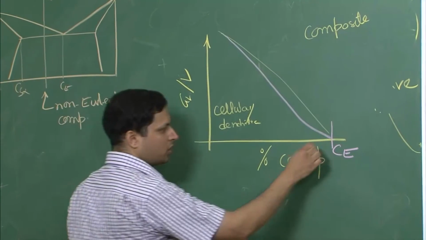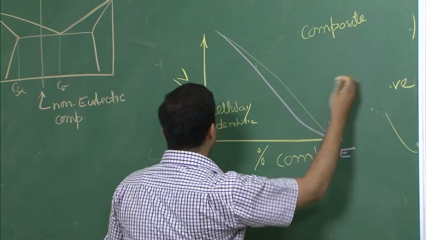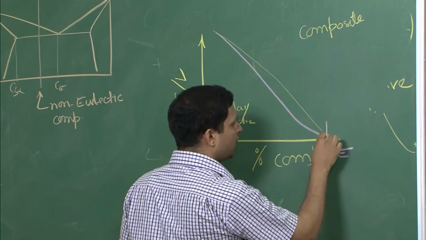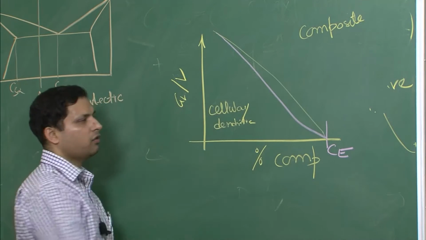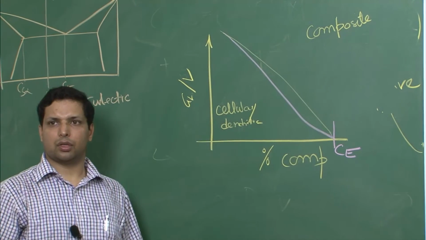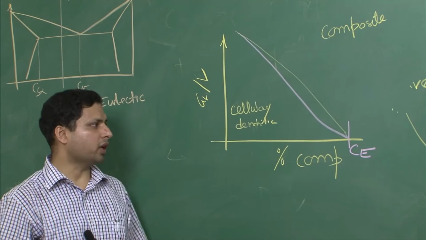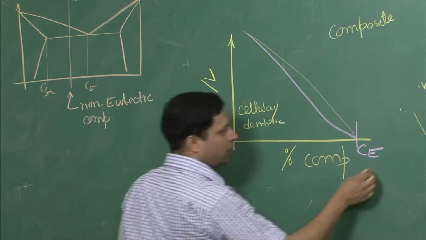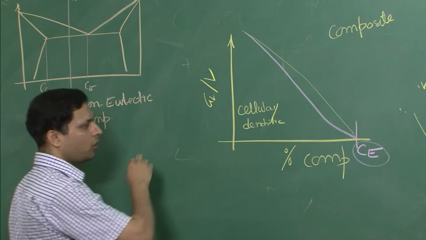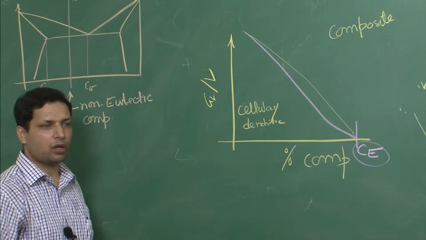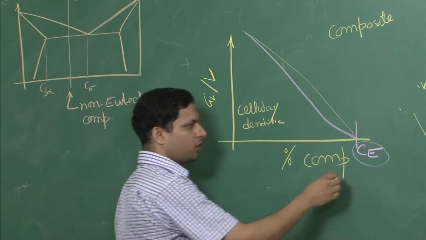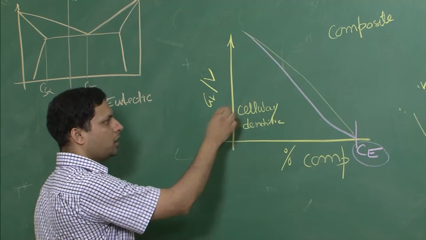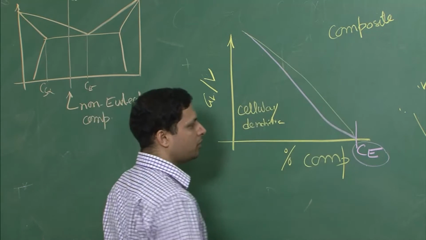So, at eutectic composition, all values of GL over V would lead to composite structure or planar solidification, and that is one reason. Now you can see why we went away from CE to look at the condition for interface stability, because if we had looked at CE, then you would have always seen a stable interface leading to composite microstructure.